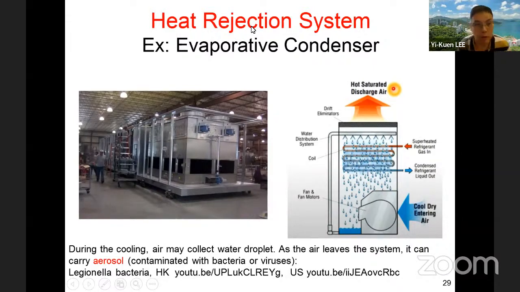But again, there's no perfect engineering design. What's the problem of this design? It turns out once you have these droplets, they can be contaminated by bacteria or viruses. For example, now with COVID-19, if the COVID-19 virus is suspended and trapped in these droplets, you may have a problem.